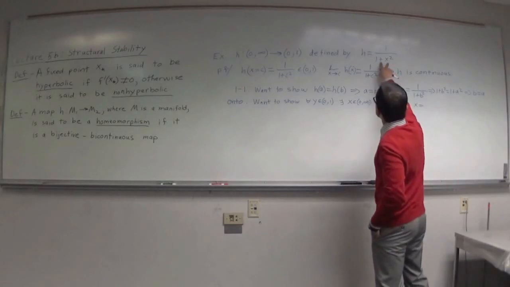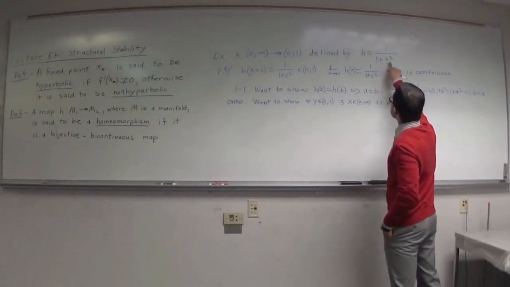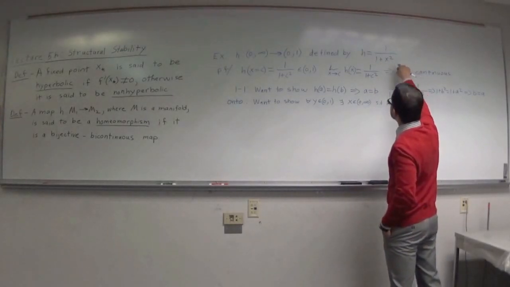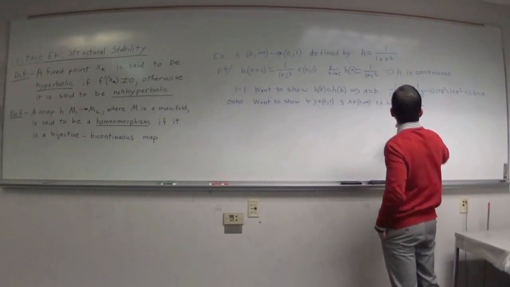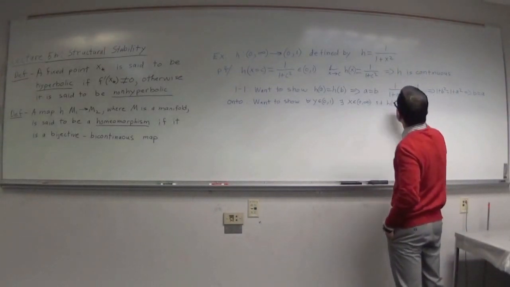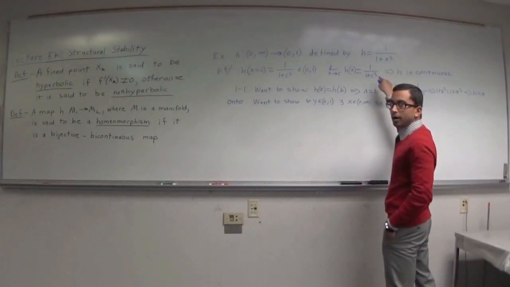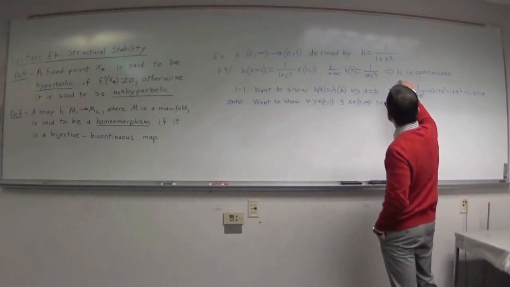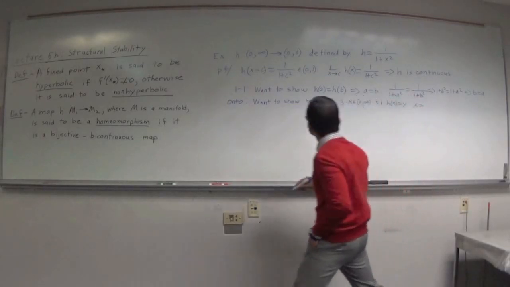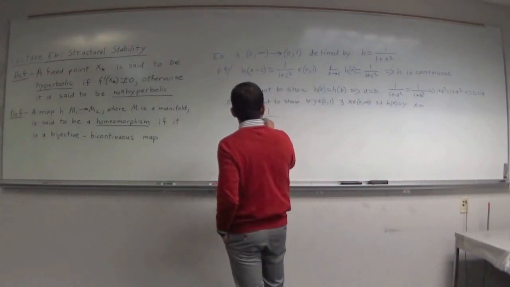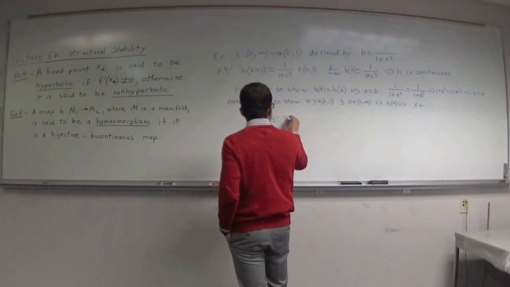So we're going to have to go here, right? So 1 over 1 plus x squared equals y. So then it's going to be that 1 plus x squared equals 1 over y.